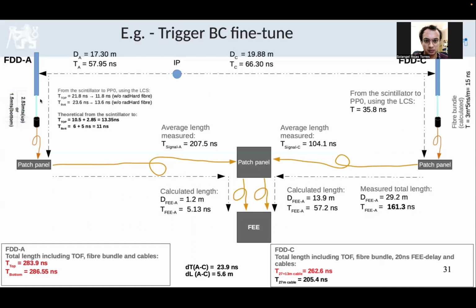And we take into account an estimate of how much time the light takes traveling to the photomultiplier, then the transit time of the photomultiplier, then the signal travels from the PMT to one panel where there are some connectors, and then from that panel to another panel which is connected to the front-end electronics.